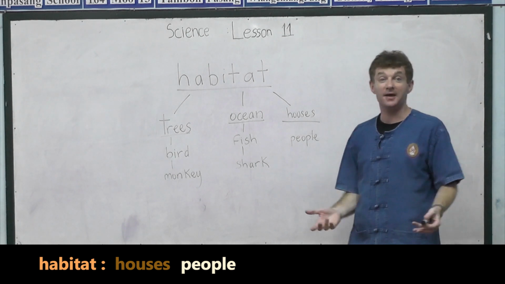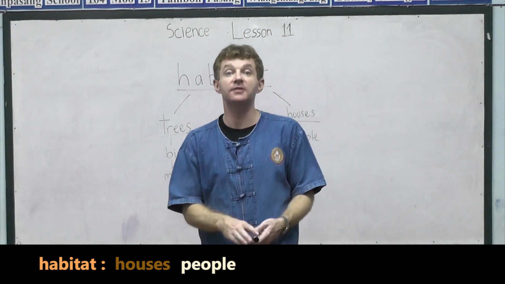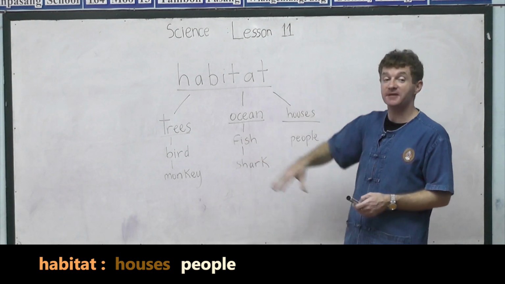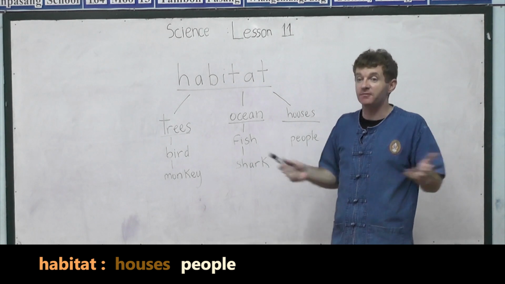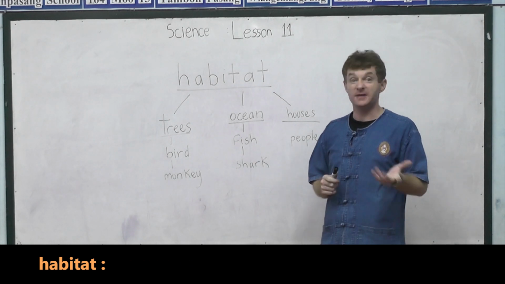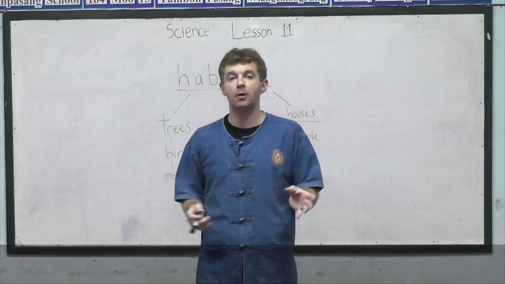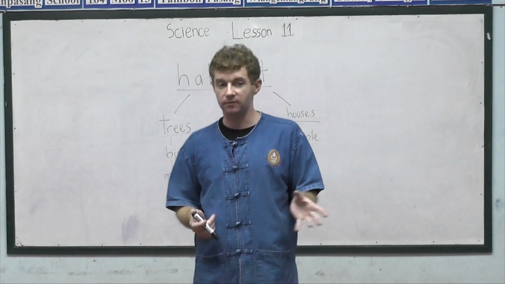And if we have pets, we have cats, dogs, fish, they live in the house too. That's their habitat. Okay? So you understand the word habitat. The place where a thing lives. That was a word from the end of last lesson when we talked about living things, non-living things, and the environment.